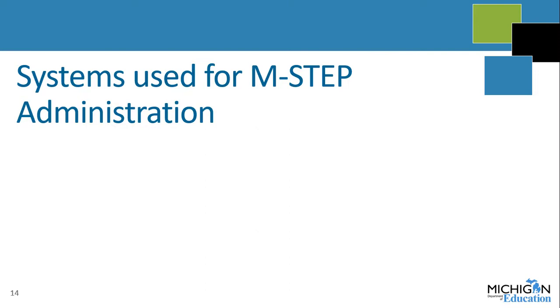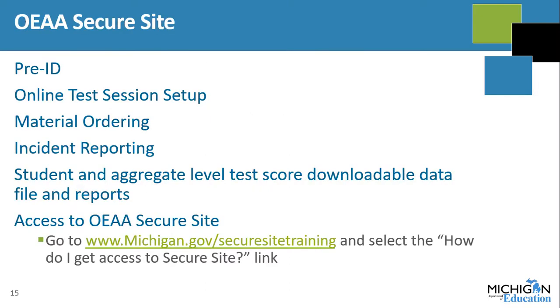The OEAA Secure site is the assessment system used for many administration tasks, including pre-identifying students for testing, setting up online test sessions, materials ordering, reporting any testing irregularities that occur through the incident reporting tool, and after testing you can access the downloadable student data files and reports through the Secure site.